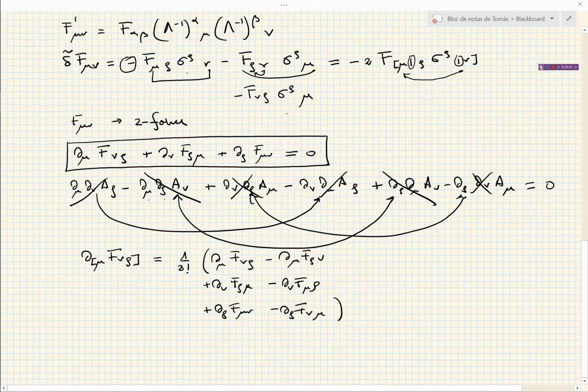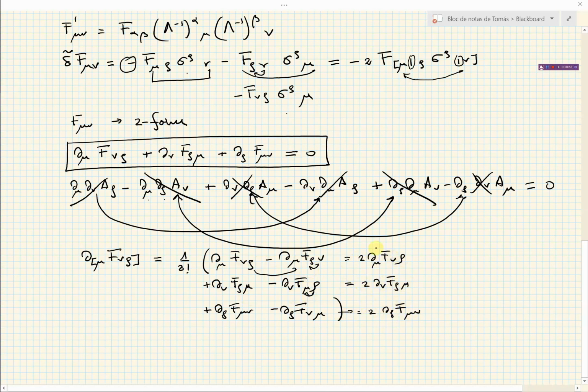However, in this case, this term and this term are the same because this is antisymmetric, so I get a minus sign, and a minus is a plus, so I get 2 times partial mu F nu rho. By the same token, this is 2 times partial nu F rho mu, and this is 2 times partial rho F mu nu.